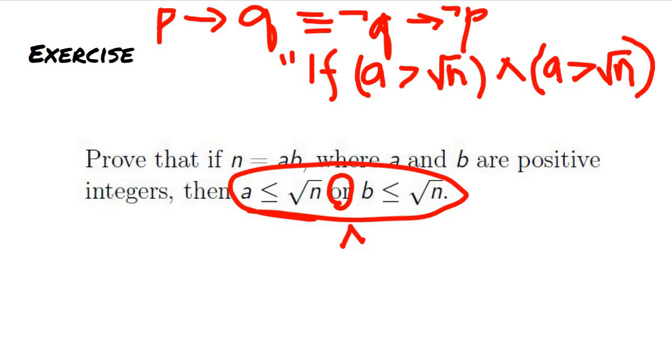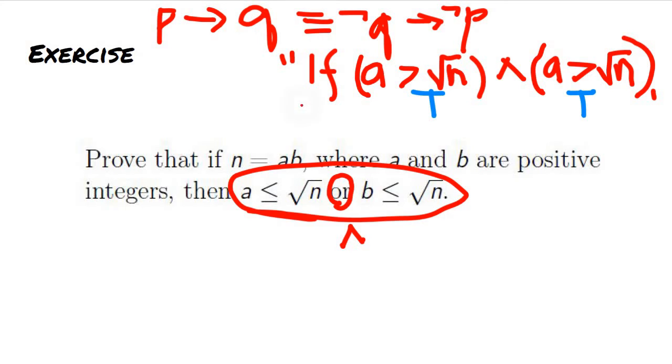And there is only one case where this statement is true. Since this is now a conjunction, we know that this is only true if both of these statements are true. So that's only one case, and it's easy to manipulate.